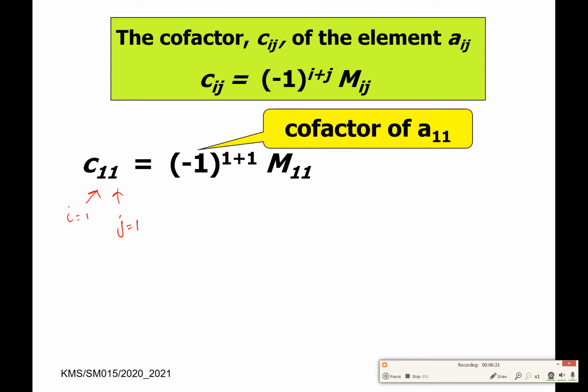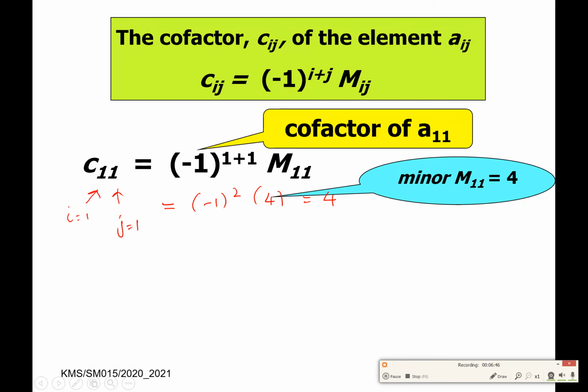So from here we calculate negative 1 squared times minor 1, 1, which is 4. So the answer is 4. Minor M11 is 4 from the previous slide that we just calculated.